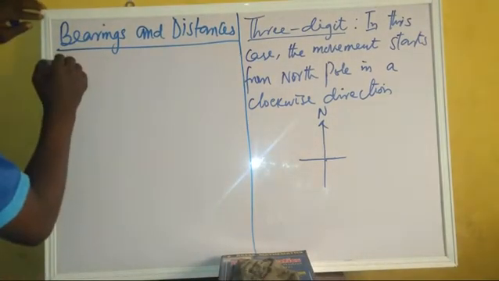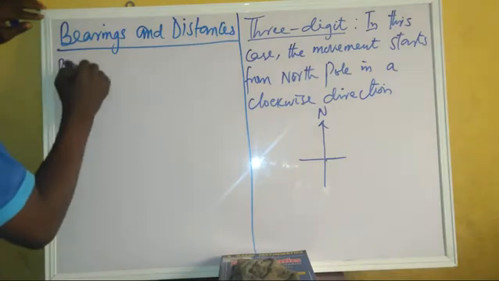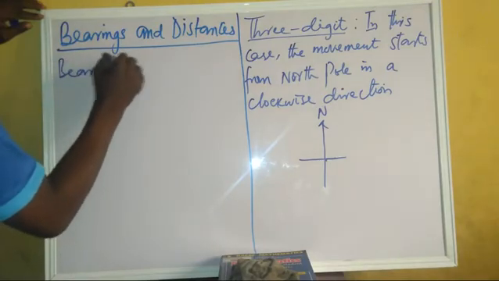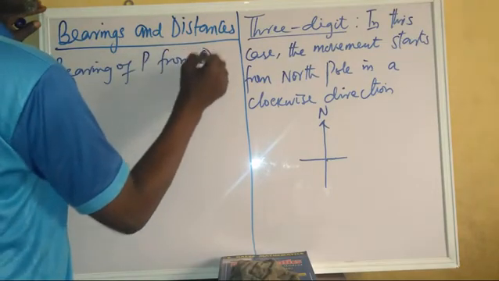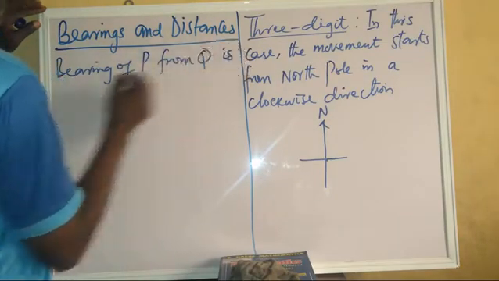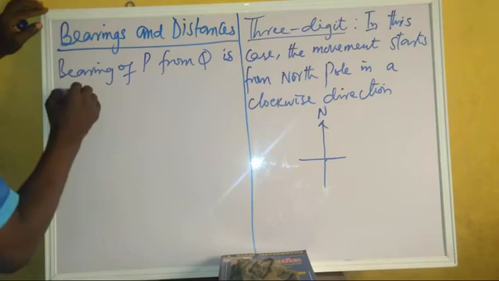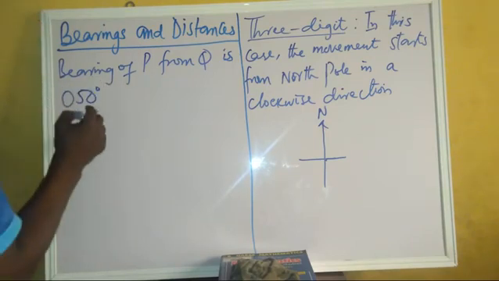For example, bearing of P from Q is 050 degrees.